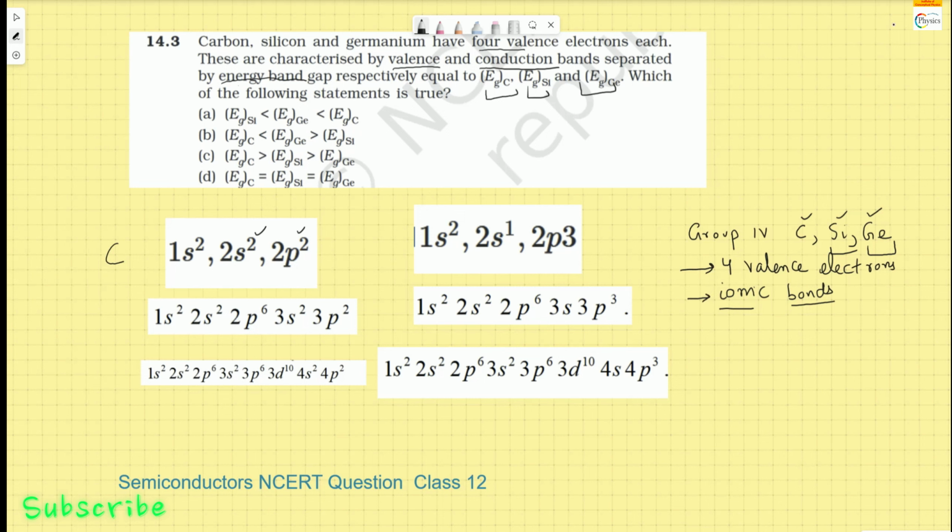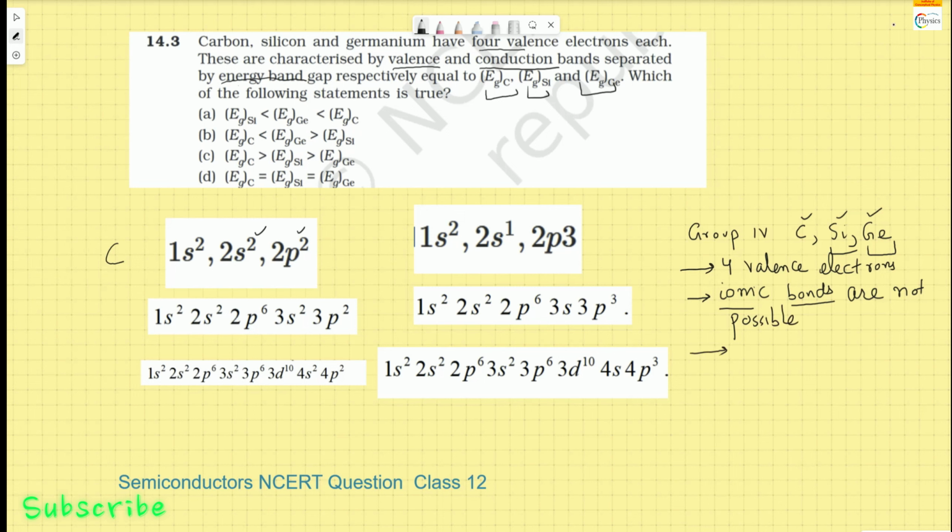It will create too much imbalance. You can have ionic bonds by giving up 1, 2, or 3 electrons, but getting rid of 4 valence electrons is way too difficult. So you cannot have ionic bonds for these group 4 elements.